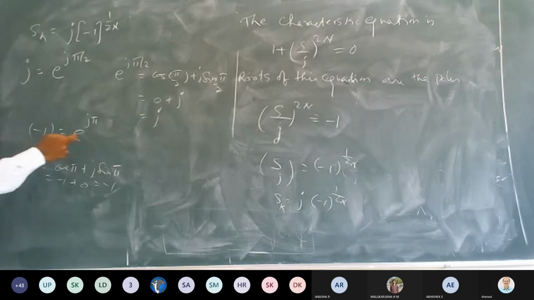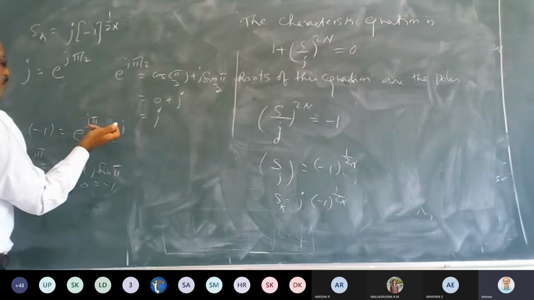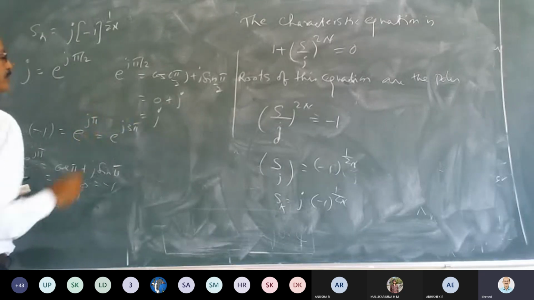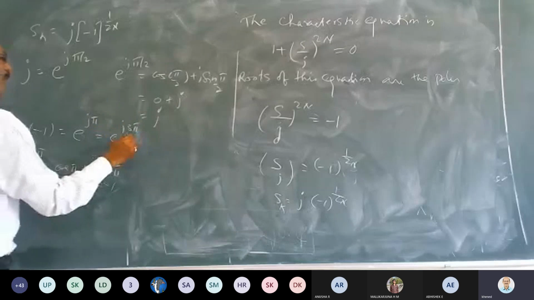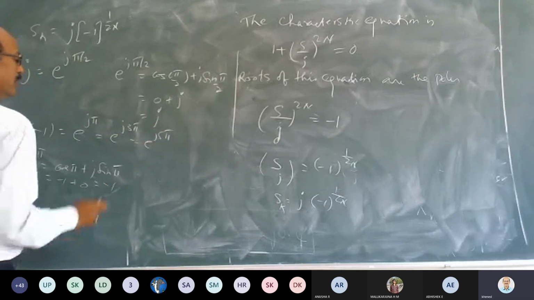And this is true not only for e power j pi, this is also true for e power j into pi plus 2 pi, that is 3 pi, and pi plus 4 pi, e power j into 5 pi. Is it not?